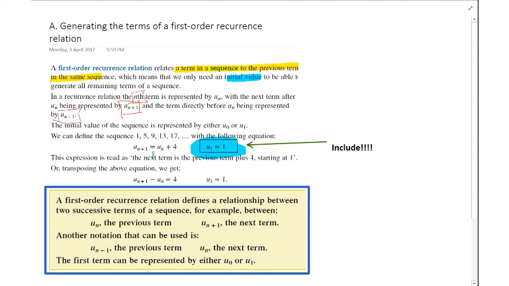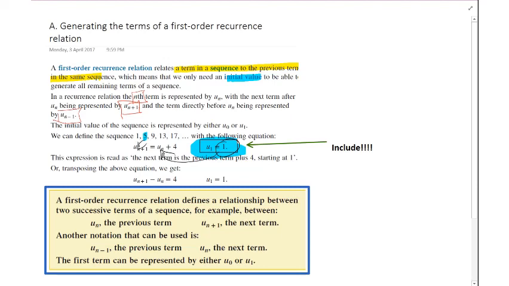Now, for example, if I put 1 in for U_n, 1 plus 4 equals 5. So that's my U_(n+1), and the 5 is this one.